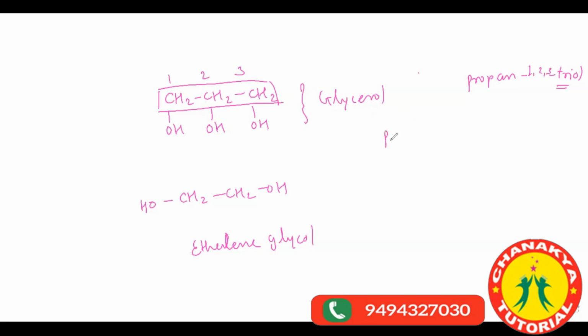How are you going to write it? Propane-1,2,3-triol. Ol for alcohol, tri for 3, and the positions of these 3 OH groups would be 1, 2, 3, meaning the 1, 2, 3 carbons contain OH groups. Understood? In the same way, can you please name this compound, ethylene glycol?